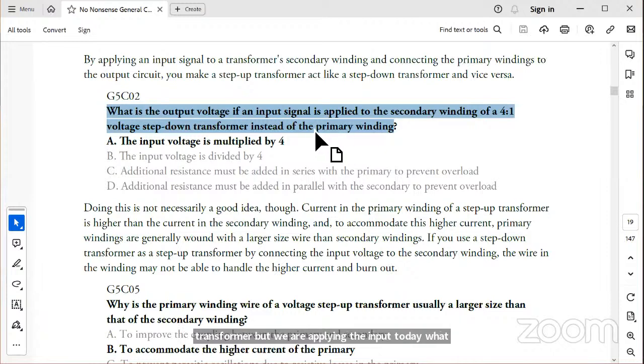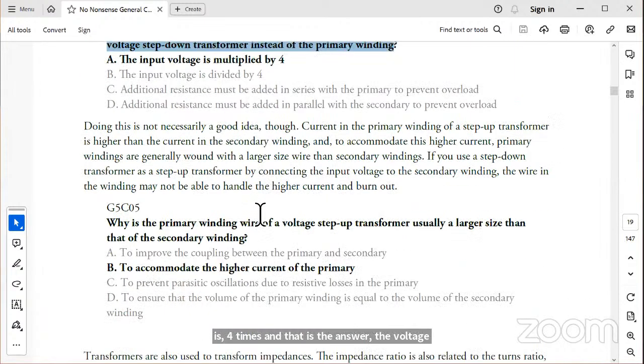So instead of applying the voltage to the primary, we are applying it to the secondary, and therefore the voltage will be induced on the primary side. But if it's a 4-to-1, which would normally reduce it to a quarter from the primary to the secondary, if we go the other way from the secondary to the primary, what it does is 4 times, and that is the answer. The voltage is multiplied by 4.